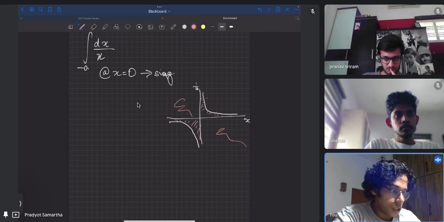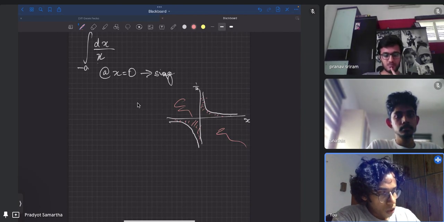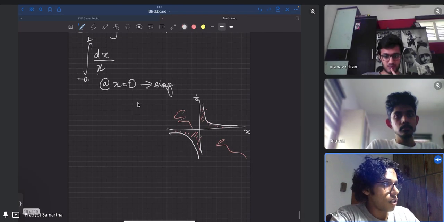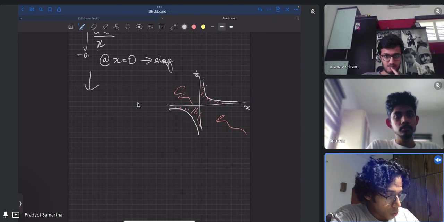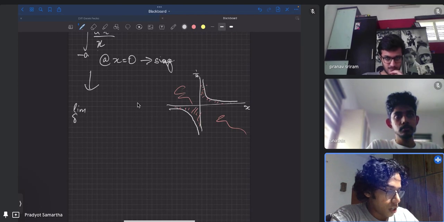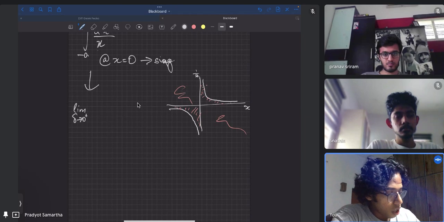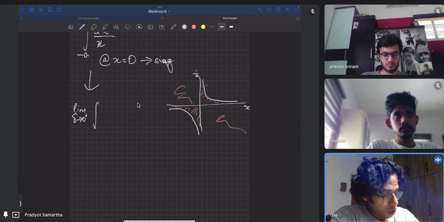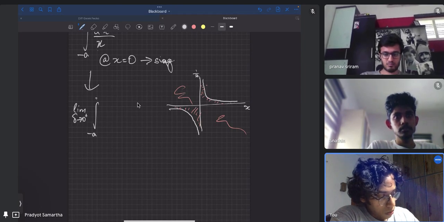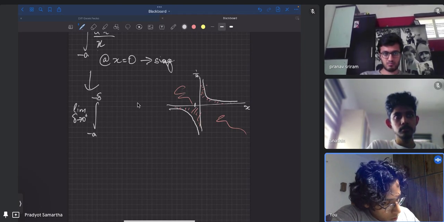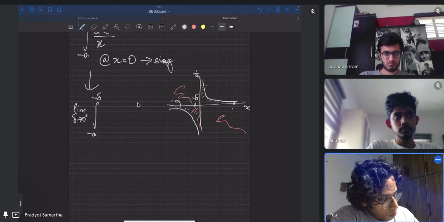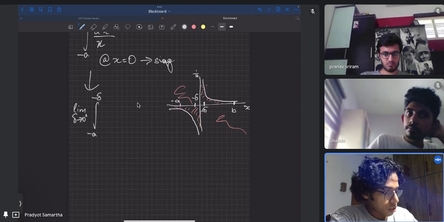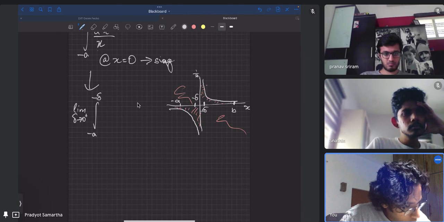So we need to be a little careful while dealing with the region around 0. We can very cleverly say that this integral can be broken down into two pieces. It is the limit as delta tends to 0 from the positive side of the integral from minus a to minus delta, so you have minus delta here, minus a here, b here, and a positive delta here.